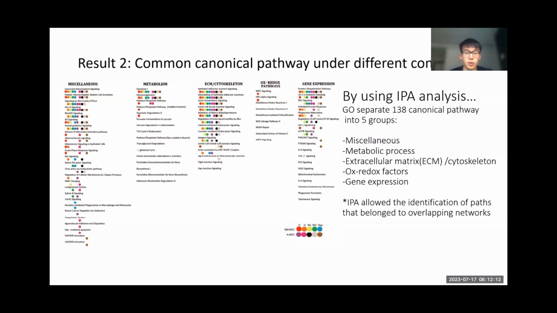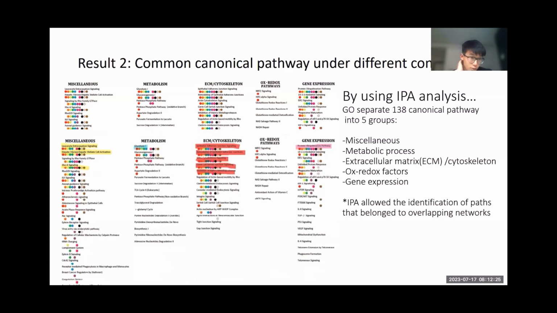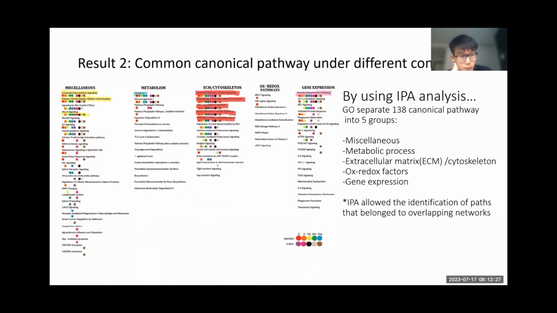And they can identify the overlapping networks by using IPA, basically just seeing the common networks that occur in those 10 types of cell senescence. And the thing that I highlight is basically the overlapping networks that occur in 9 out of 10 cell senescence conditions.